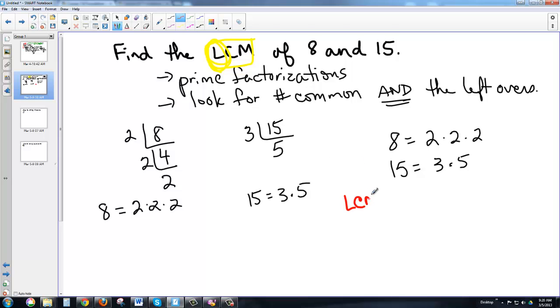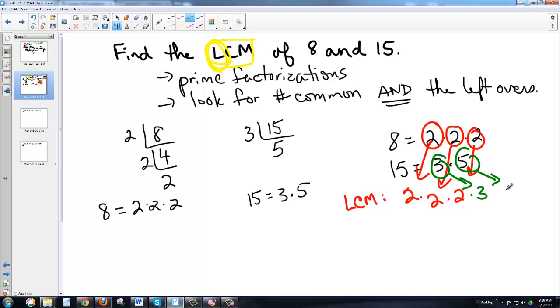The least common multiple of 8 and 15 is, we need the 2, and this 2, and this 2. We also need this 3 and this 5. So the least common multiple is 2 times 2 times 2 is 8, times 3 is 24, times 5 should be 120, I think, if I've done the math right.